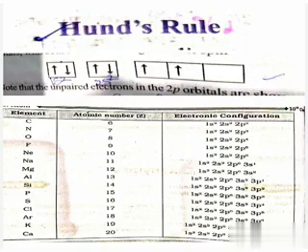So the configuration of the carbon atom, atomic number 6, is 1s2 2s2 2p2. The first 4 electrons enter the 1s and 2s orbitals, and of the next 2 electrons, the fifth electron enters the px orbital and the sixth electron enters the py orbital.